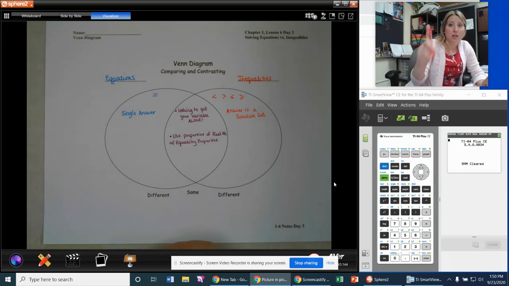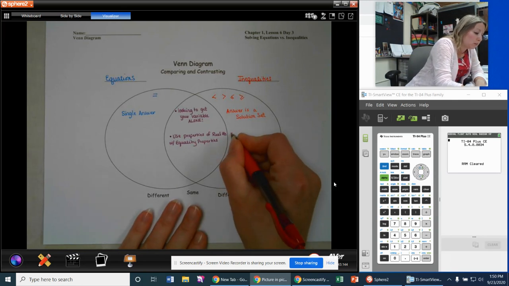On the inequality side only, what do you need to be thinking about when you multiply and divide both sides by a negative number? Your inequality sign flips.